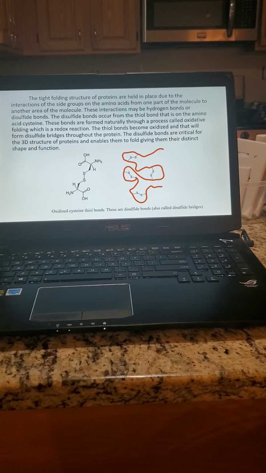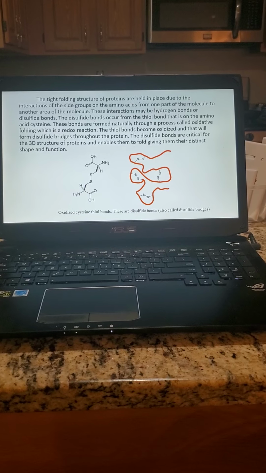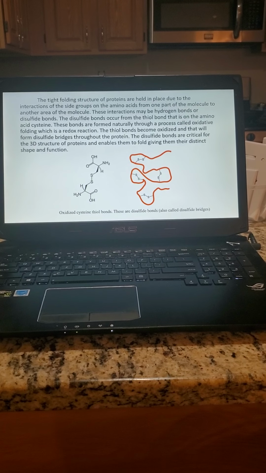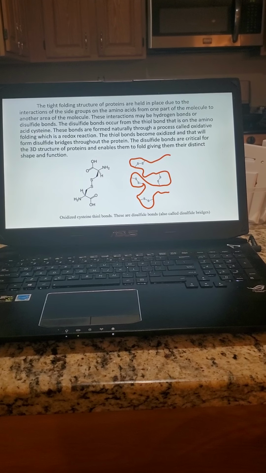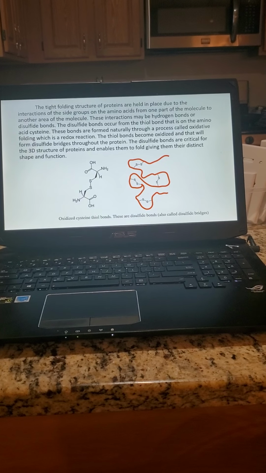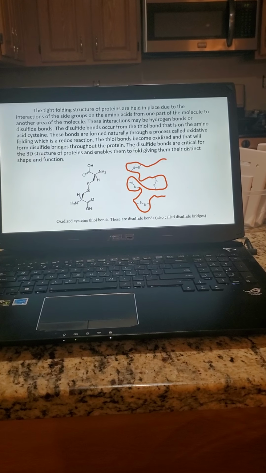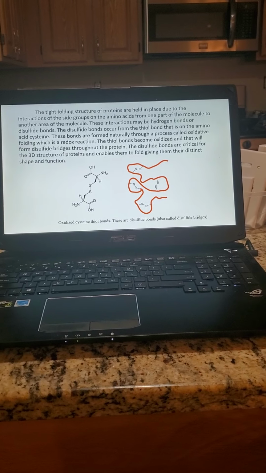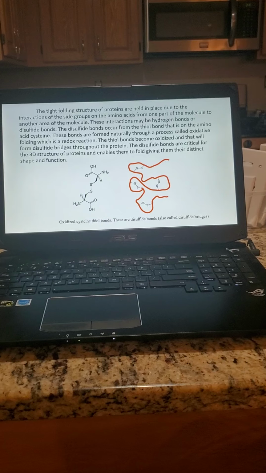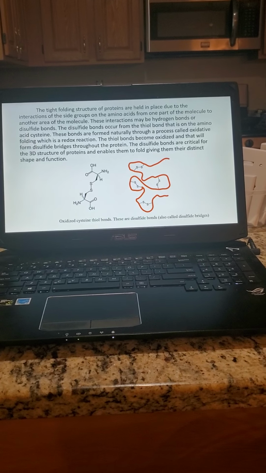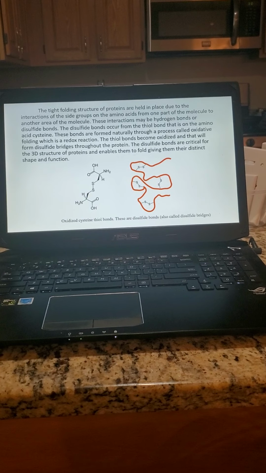The cysteine bonds, the thiol bonds, become oxidized, and that will form the disulfide bridges or disulfide bonds throughout the protein. And these bonds are critical for the 3D structure of proteins, and those bonds give the protein its distinct shape and function.